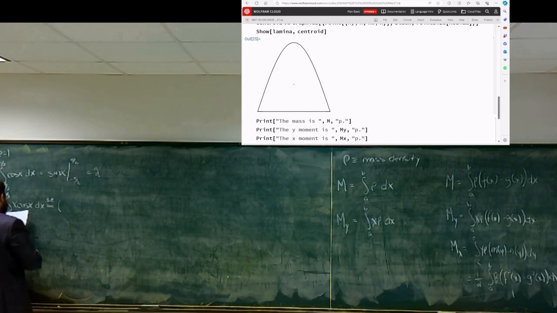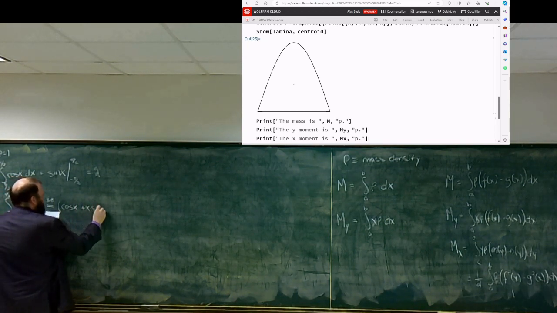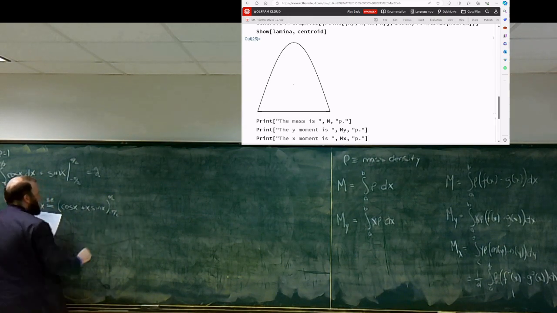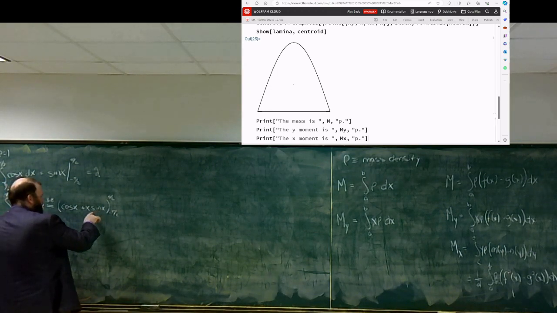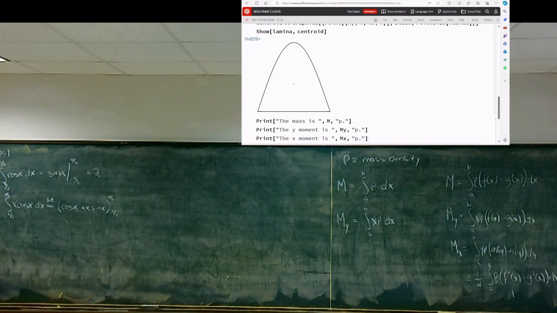It's going to give us cosine of x plus x sine of x from minus pi over 2 to pi over 2. Cosine of x is 0. This is also 0.